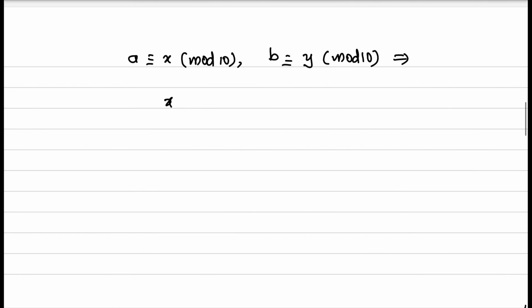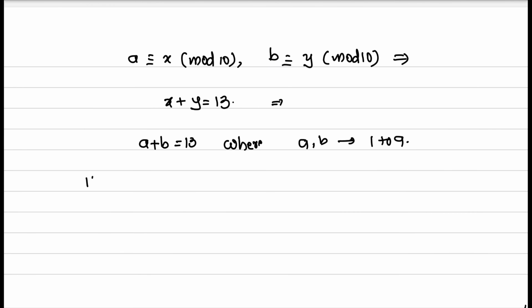Another thing we have is x plus y is equal to 13. This implies we can have pairs such that a plus b is equal to 13, where a and b vary between 1 to 9.